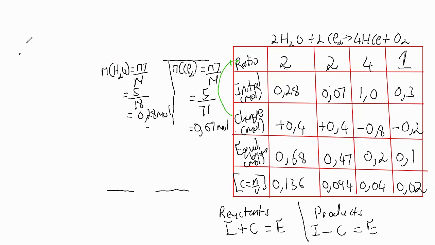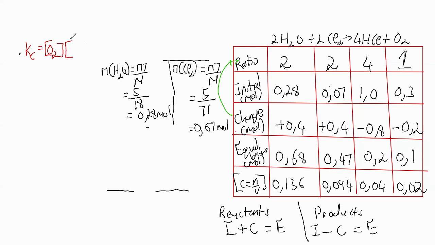To calculate Kc, we need to note Kc is the concentration of the product over the concentration of the reactant. Our product, we have oxygen gas, and we have to be mindful of the coefficient. It's only 1, so we're going to leave it like that.